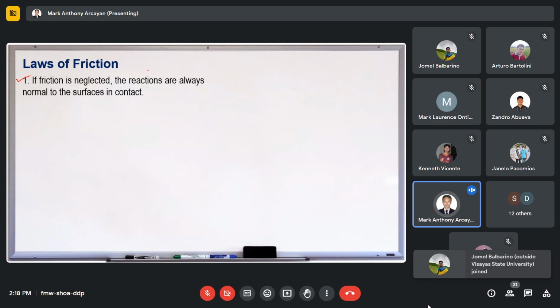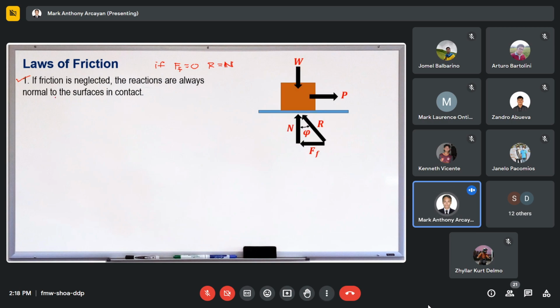If the frictional force F sub F is equal to 0, the reaction is just equal to the normal force. So the reactions are always normal, or perpendicular, to the surface in contact. R is directly equal to N, and its direction is perpendicular to the surface in contact.